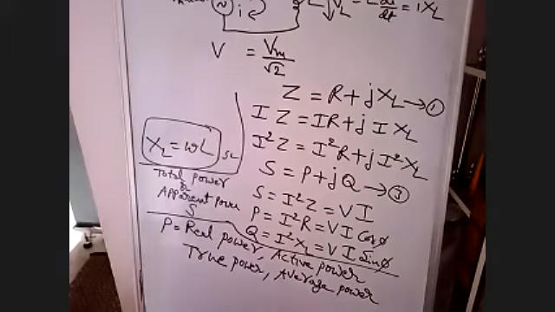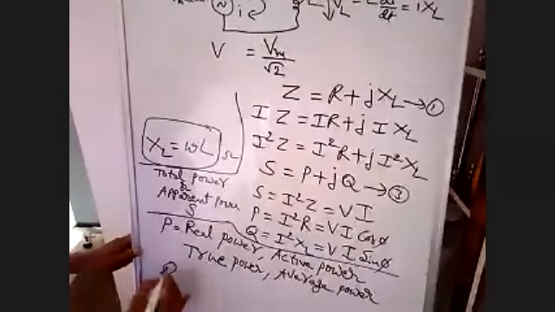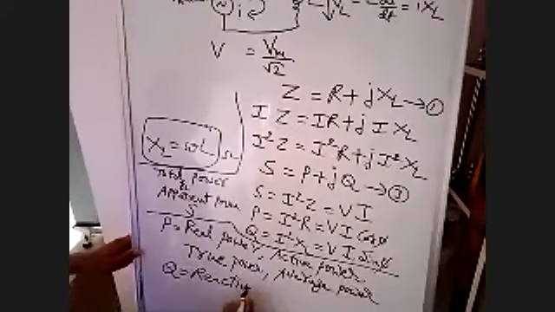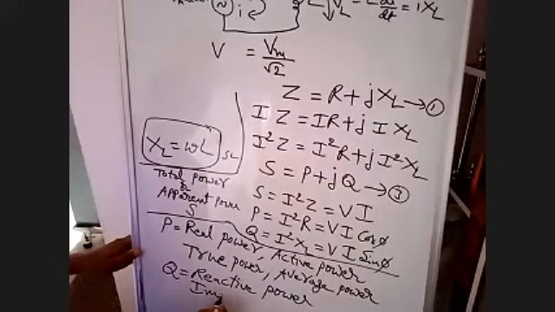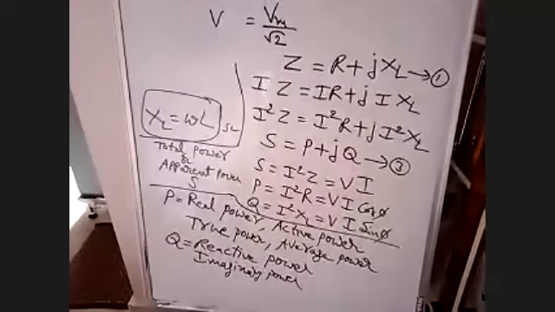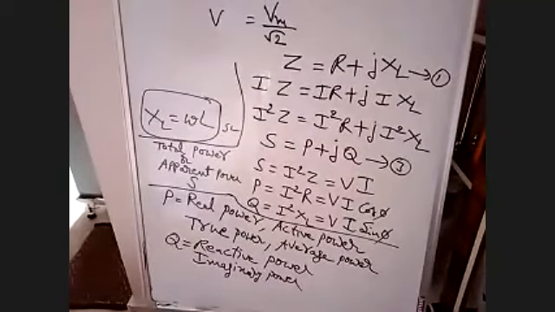Next one. Q is called reactive power or imaginary power. Why is it called reactive power? See, Q is equal to I square into XL.